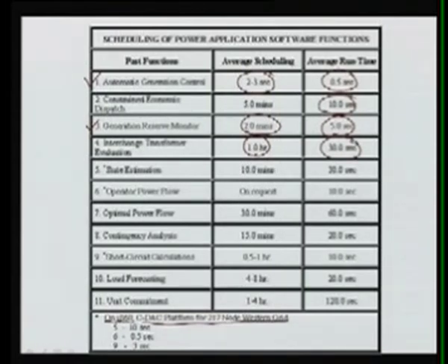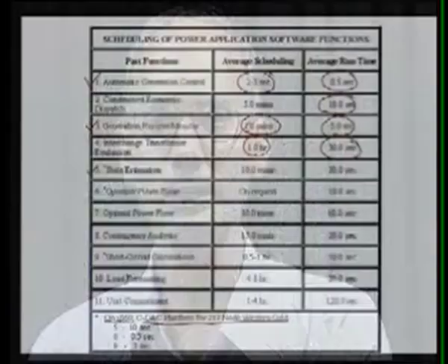Another very important function of energy management is state estimation. Again, I want to say that state estimation is the process where we estimate the states of the power system accurately in a noisy or erroneous environment.